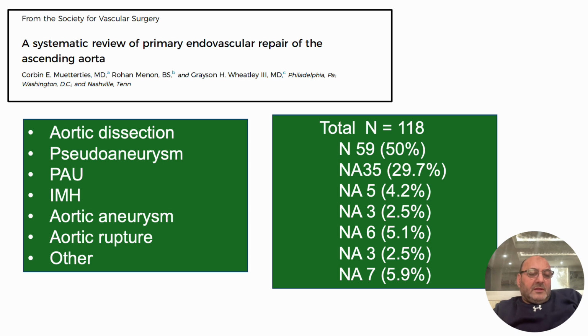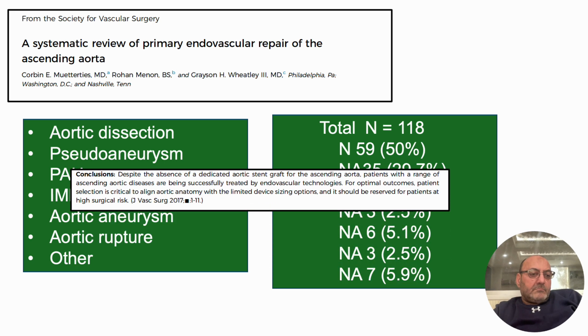Many people are doing them, and it's worthwhile understanding the pathophysiology, the indications, and how you can utilize these devices. This meta-analysis showed that these devices are best served when you have a patient who is not an operative candidate, and that was true at the time, and maybe true now. Operation is always good, but we don't have perfect devices in the ascending aorta.